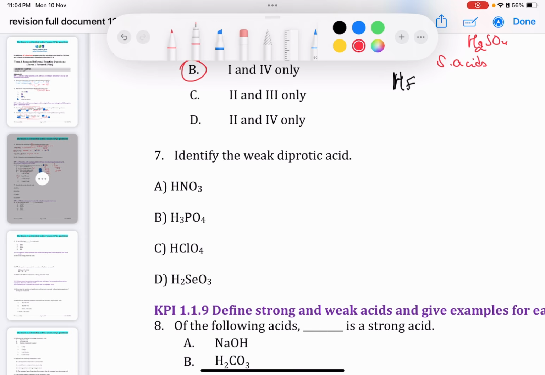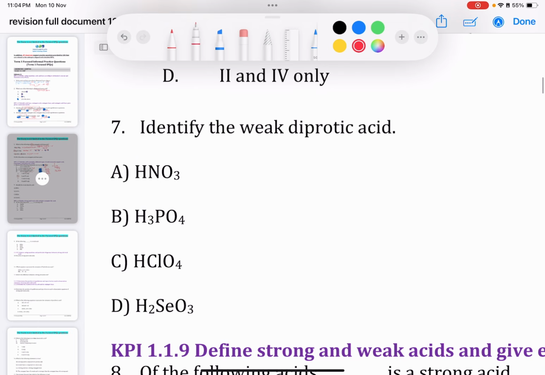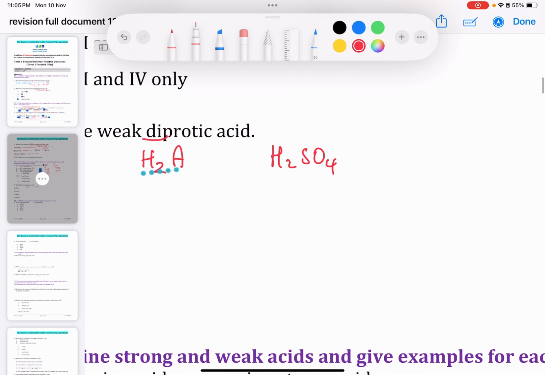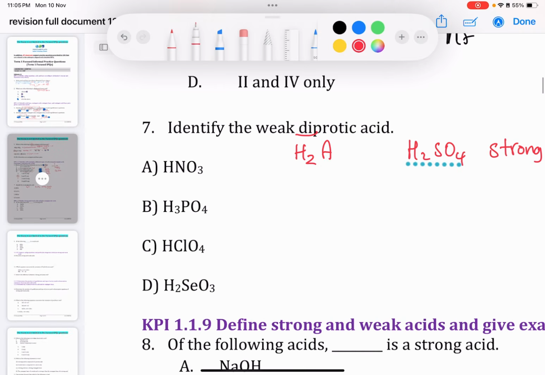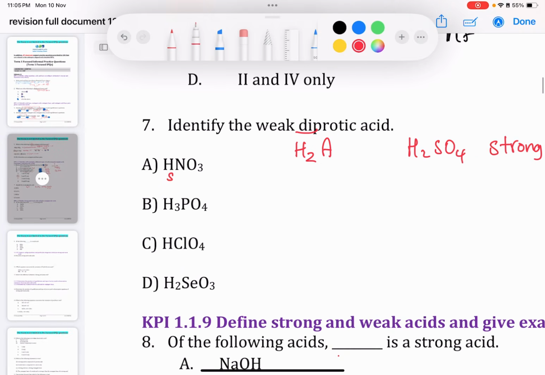Identify the weak diprotic acids. Now, we have diprotic acid. It means it must contain 2 hydrogens and it must be weak. We know for a fact that H2SO4 is a strong diprotic acid. Now, this is a strong monoprotic acid having 1 hydrogen in it.